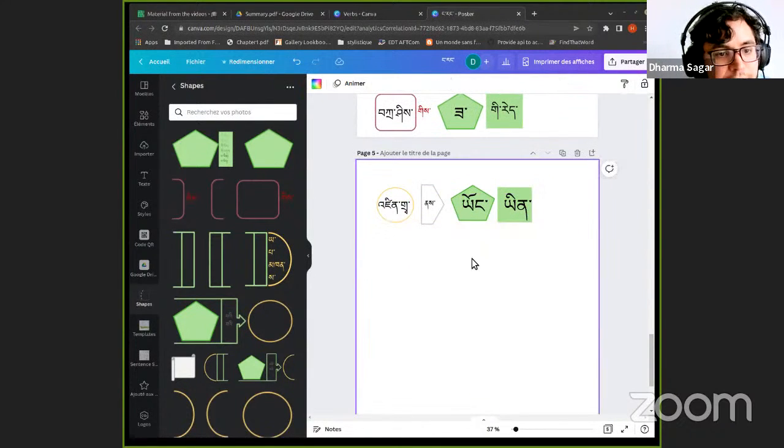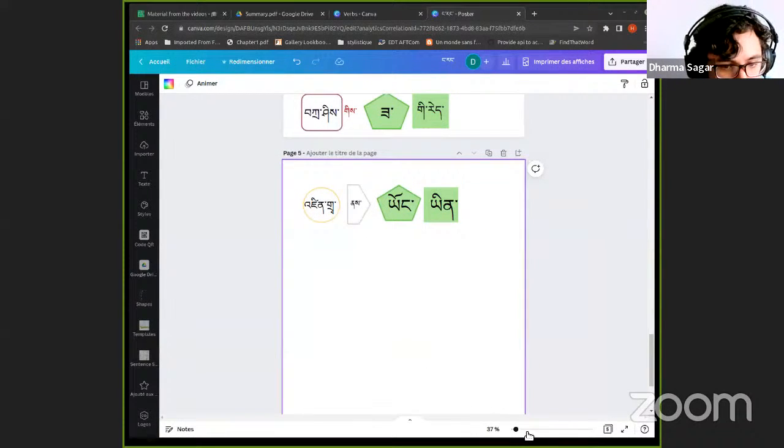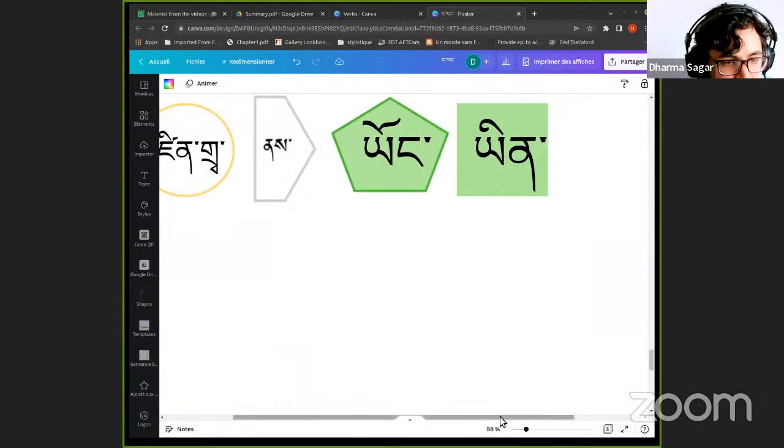Okay, so ne is showing the. So let's start first with the verb.